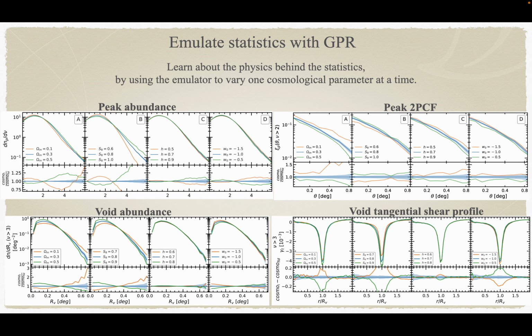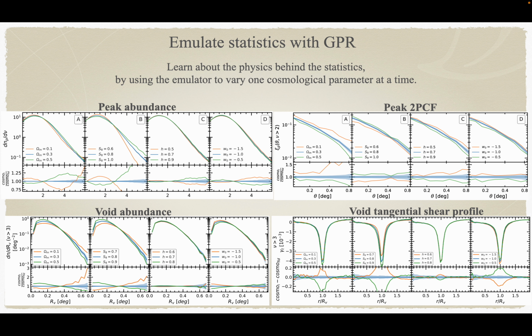So on the top left here, for the peak abundance, in each of these panels we are varying only one cosmological parameter at a time and keeping the other three held constant. So for the peak abundance, we only vary omega m in panel A, in panel B we only vary S8, in C we only vary h, and in D we only vary w0.